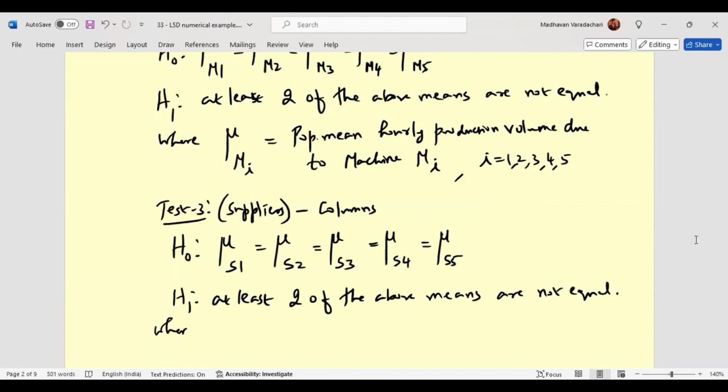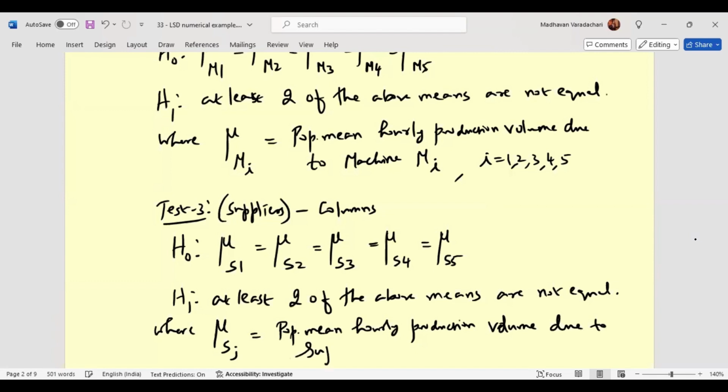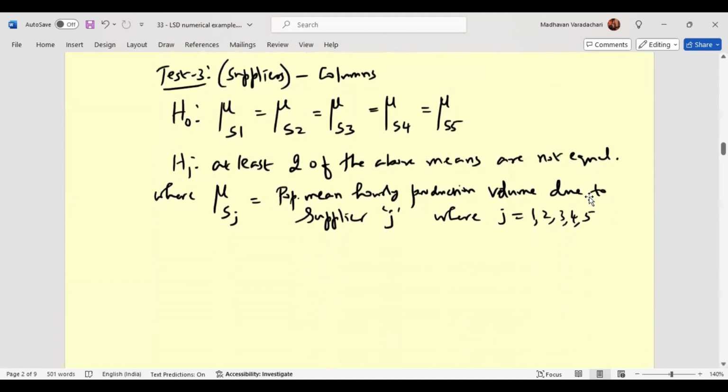Again, we will define what is mu S suffix j, which is population mean hourly production volume due to supplier, jth supplier, where j ranging from 1, 2, 3, 4 up to 5. So this is the third test.